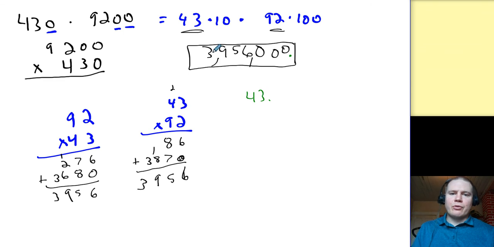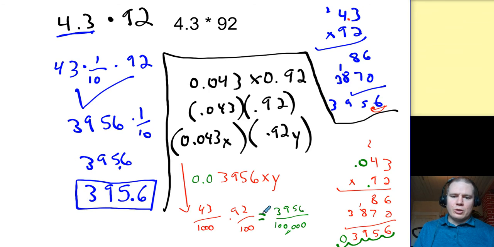If I just have 3 million, I'm going to say 3,956,000. No decimal point necessary. When I write this number, I need the decimal point, but I don't need zeros past the 6. I need a 0 here to show that this isn't 3/10ths, but it's 3/100ths.